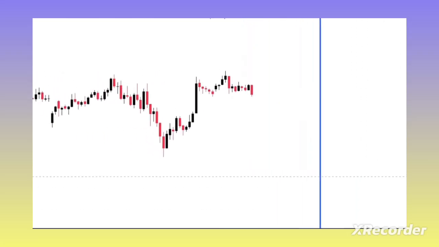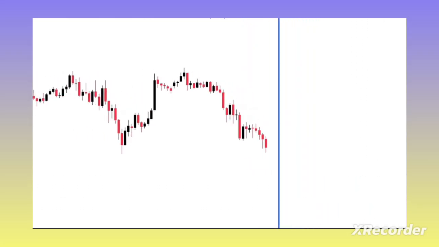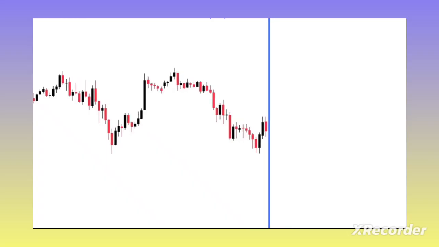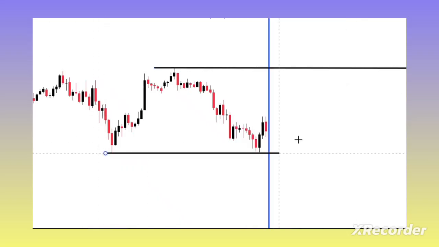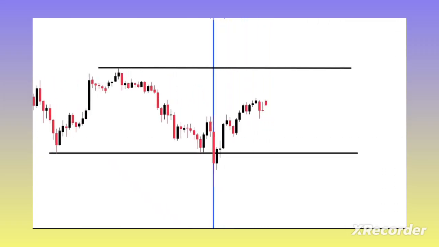We can also use basic price action for executions, such as support and resistance. Blue horizontal line is the New York session open. We mark swing liquidity levels. Wait for one liquidity to be taken down.